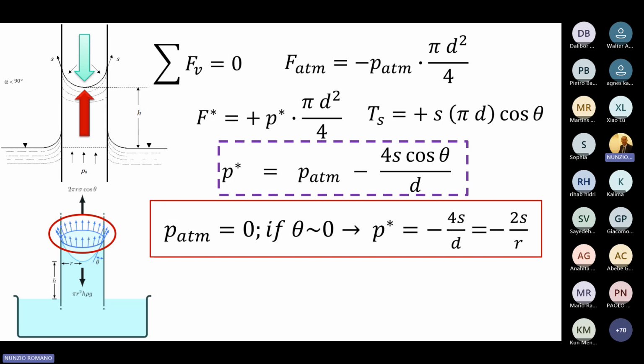I don't know if I understood the question, but the meniscus is just to compensate the non-equilibrium between the atmospheric pressure and the pressure P star just below the water meniscus.